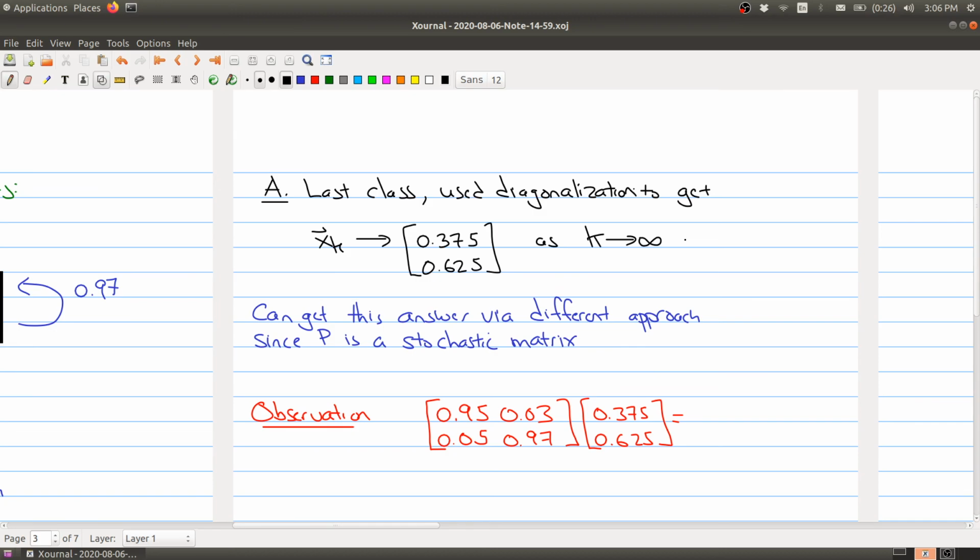What we're going to work towards in the next part is that you can get this answer via a different approach, since we can now use the extra condition that P is a stochastic matrix.